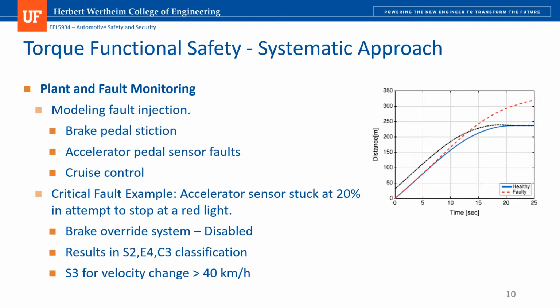Particularly, this research addresses a scenario where the accelerator sensor is stuck at 20% in an attempt to stop at a red light. So if you can imagine this, you're driving and you're trying to now stop, you would take your foot off the accelerator and put it on the brake as you're coming to a red light.